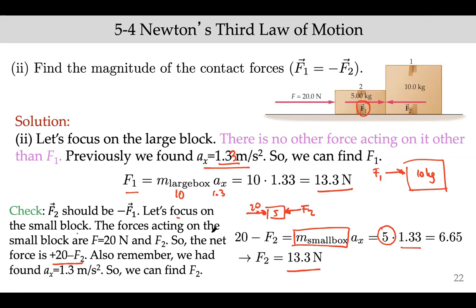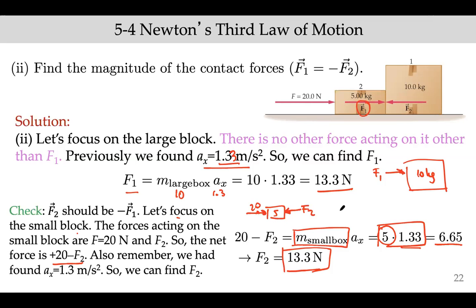So from this equation, 20 minus F2 equals this multiplication, which is this number. Now solve for F2, which you find is 13.3.